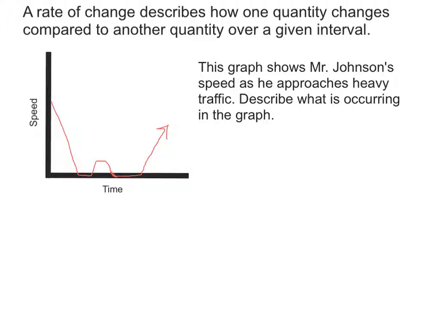So what we're going to do is write a story to help us describe what's happening. Let me look at this first interval right here. Okay, and you can see what's happening there. As time goes this way, the speed is decreasing.